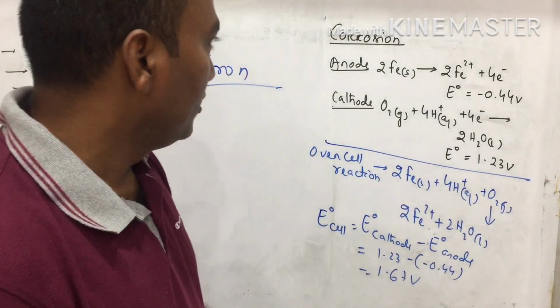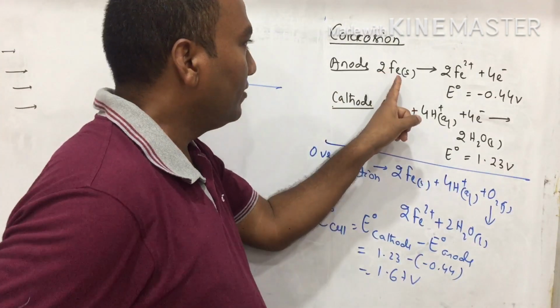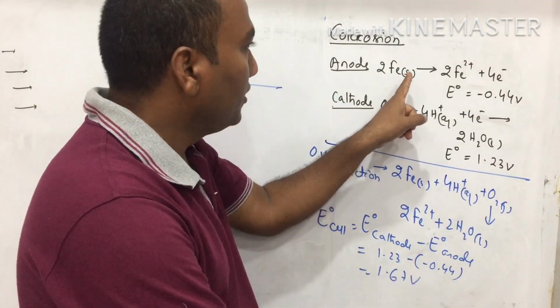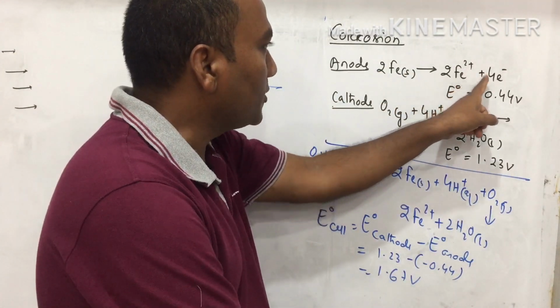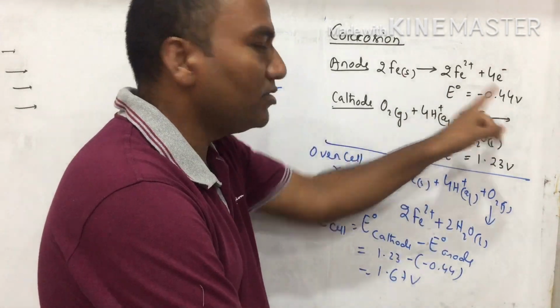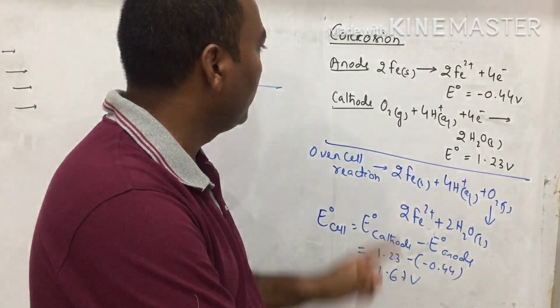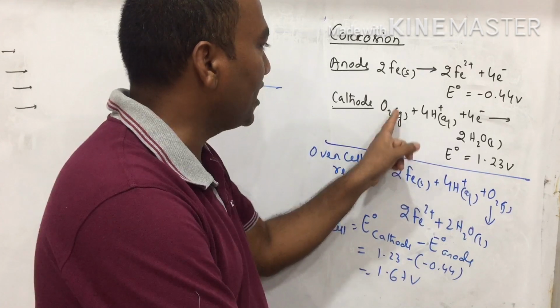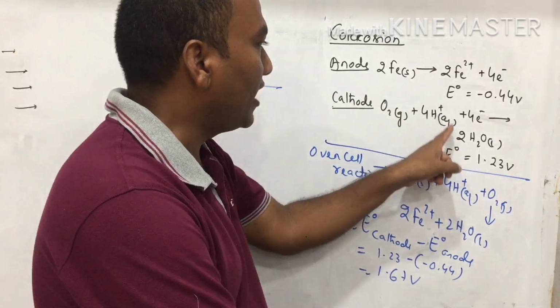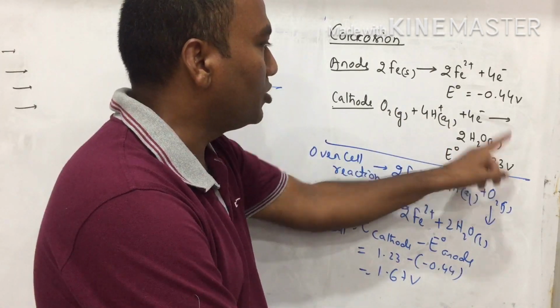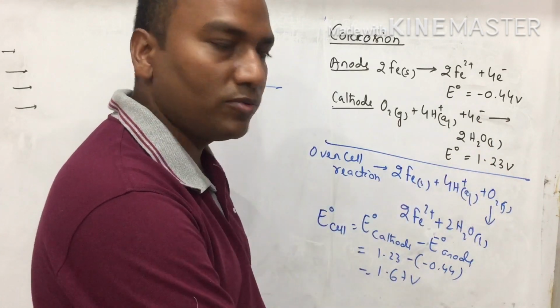You see, the anode reaction is iron metal giving Fe2+ plus 2e, its E value is minus 0.44 volt. At the cathode, oxygen gas from air, with H+ aqueous, becomes 2H2O liquid, its E value is 1.23.